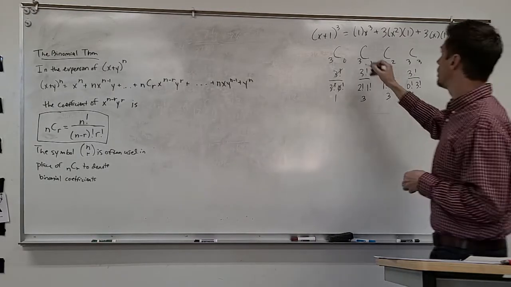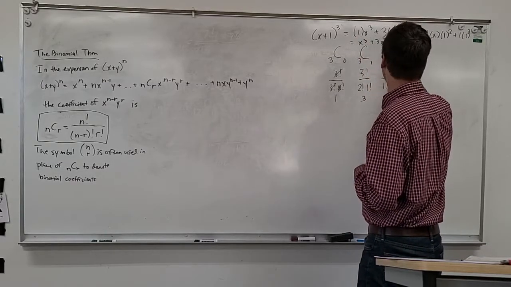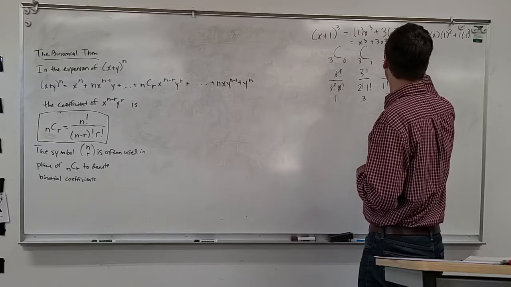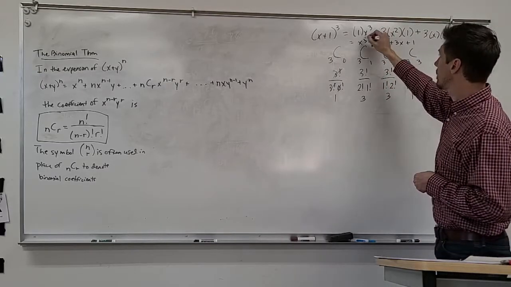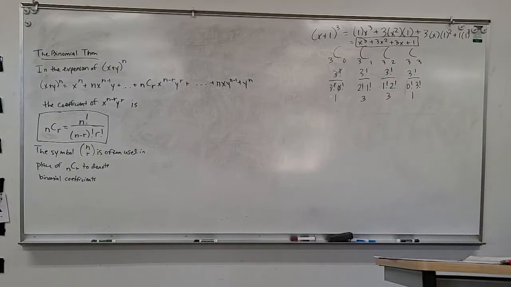Simplifying that, we get x cubed plus 3x squared plus 3x plus 1. And that's our final answer. Yeah, that's definitely way easier.